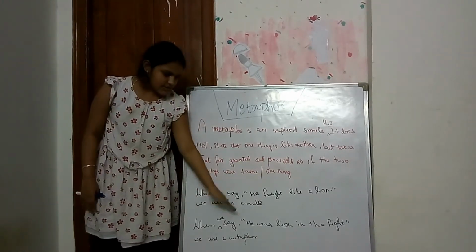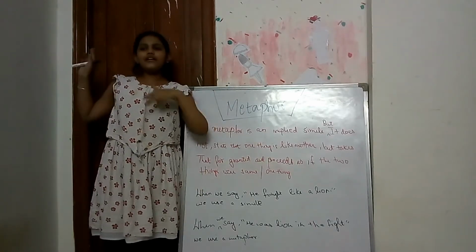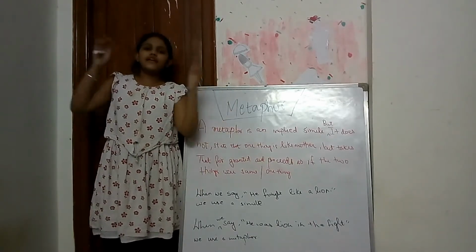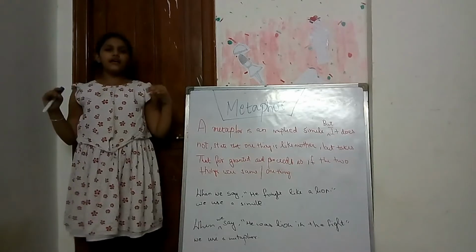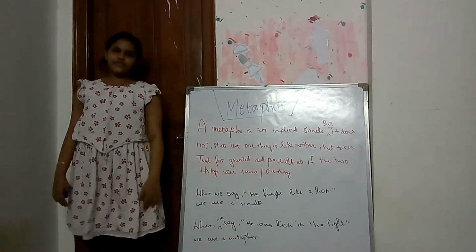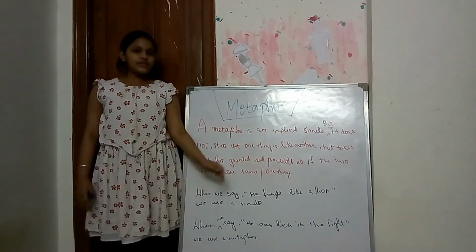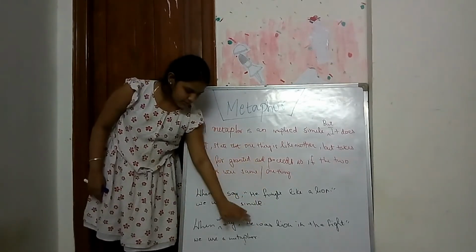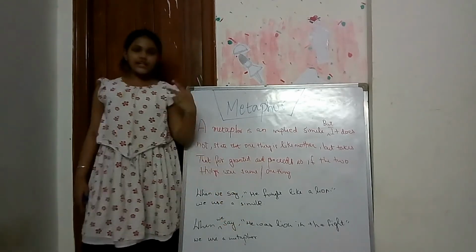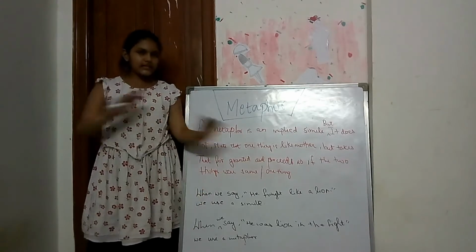He was the lion of the fighters. When we make a simplified sentence of this, he was the lion in the fight, the same as he fought like the lion. But when we see that direct sentence, he was a lion in the fight, we see that it is not getting compared.